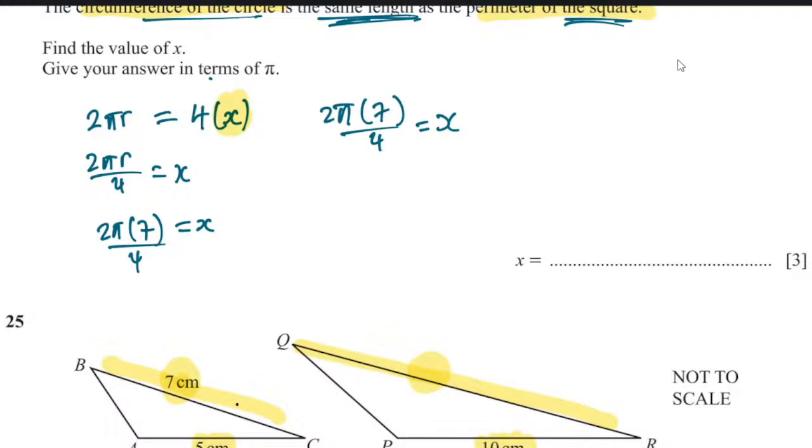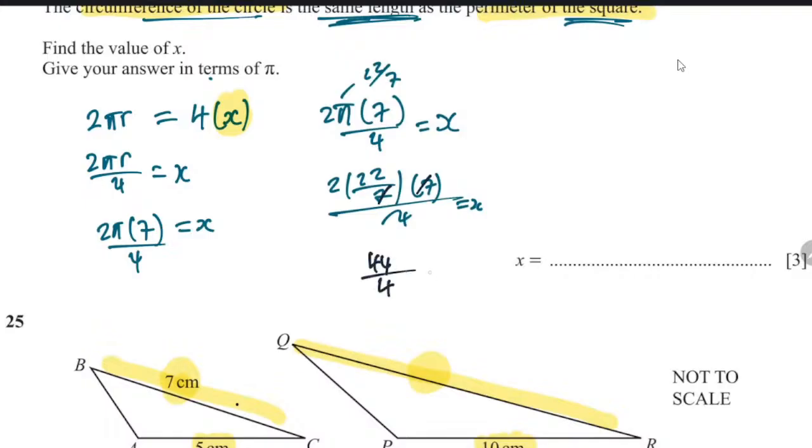The answer should be 11. Okay, pi is 22 over 7. So it's like you say 2 by 22 over 7 by 7 over 4. So here you'd now say this 7 and this 7 will cancel. 2 times 22, that's 44 over 4, that's 11. This will be 1.